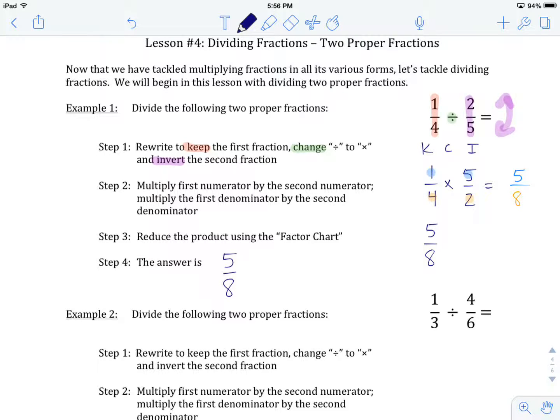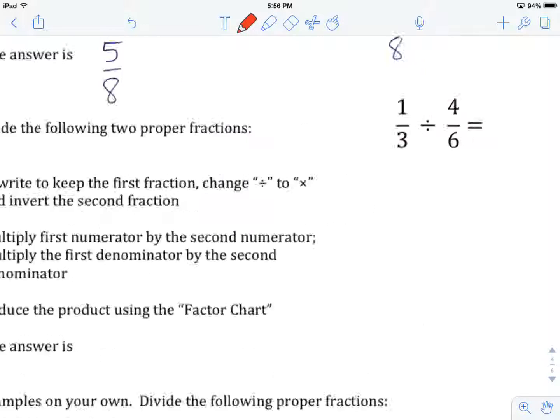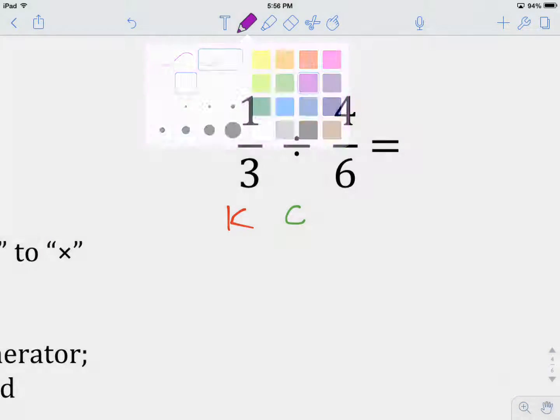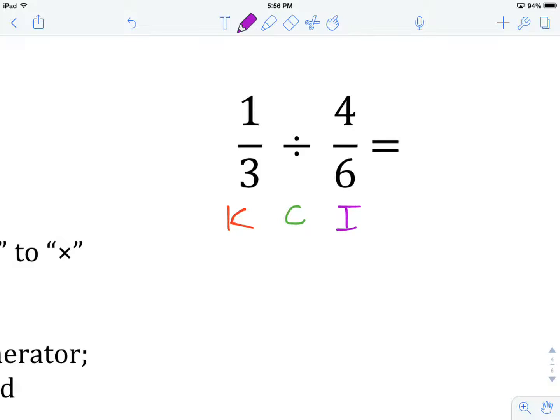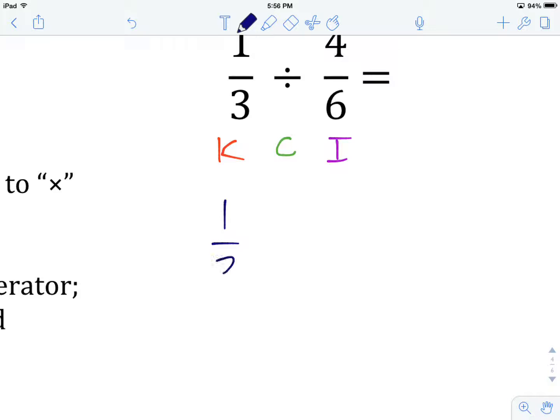Let's take a look at example number 2. Example number 2 says, divide the following two proper fractions, 1/3 divided by 4/6. So again, we are going to keep our first fraction. We are going to change division to multiplication, and we are going to invert our second fraction. So let's rewrite that now. 1/3, that's the one we keep.